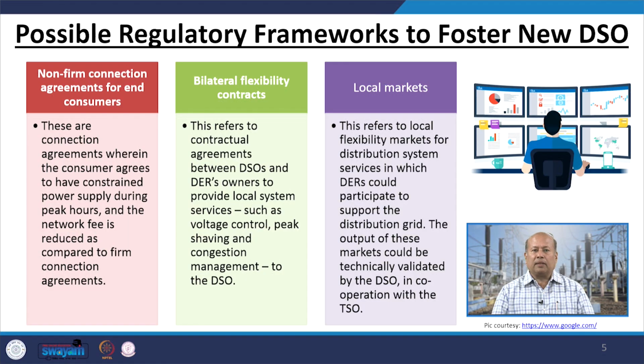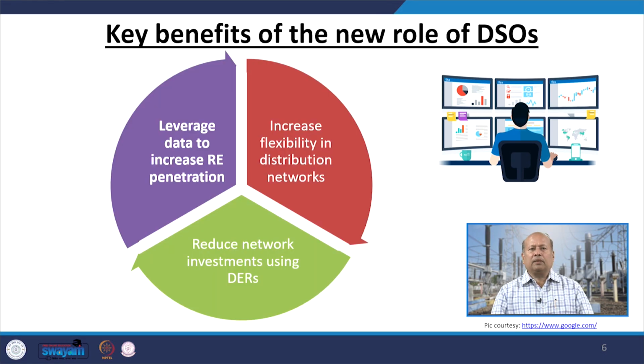And the local market refers to local flexibility markets for distribution system services in which distributed energy resources could participate to support the distribution grid. The output of this market could be technically validated by the DSO in cooperation with the TSO, that is the transmission system operator. Now, what are the key benefits that one can get through the establishment of a DSO or a successful operation through a DSO?